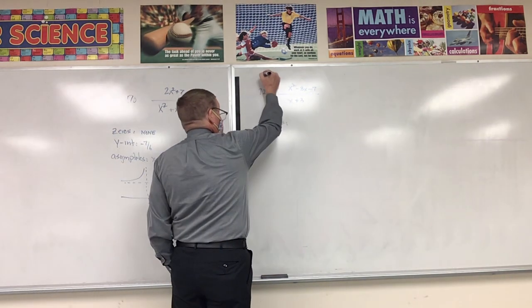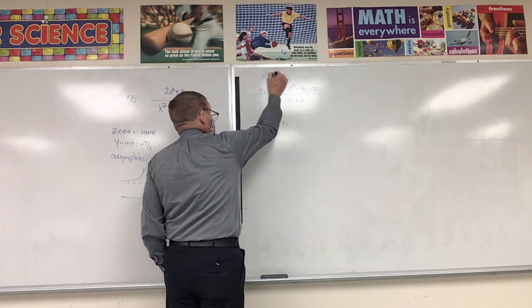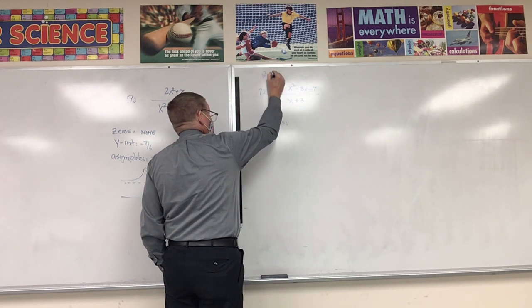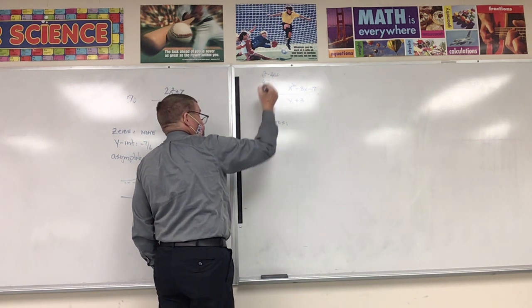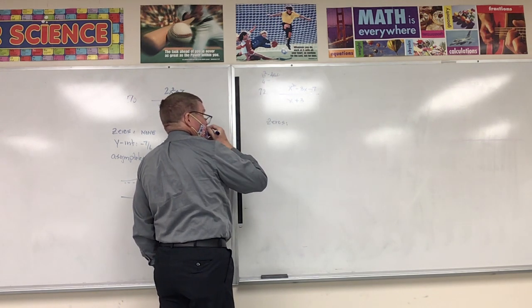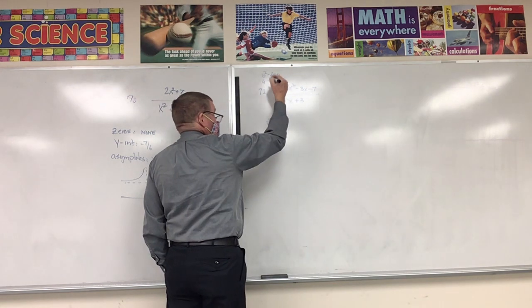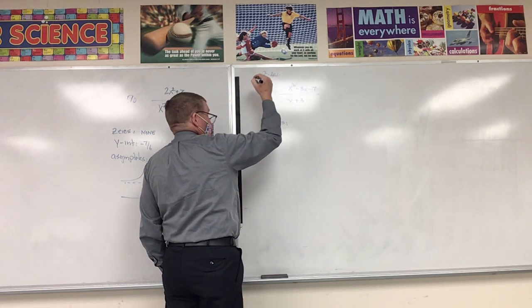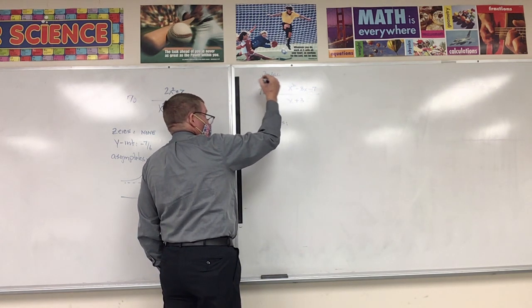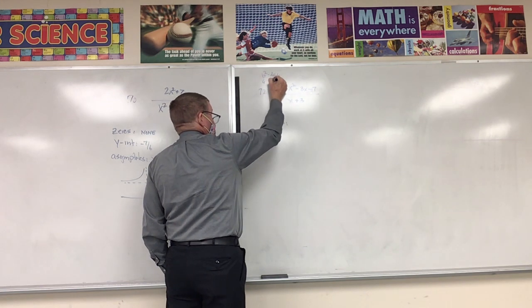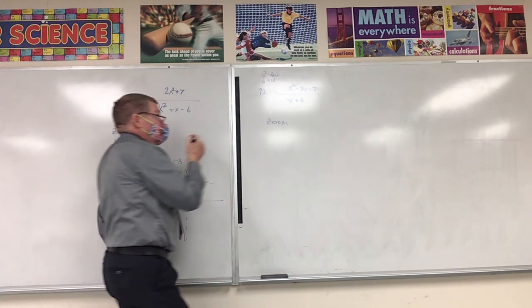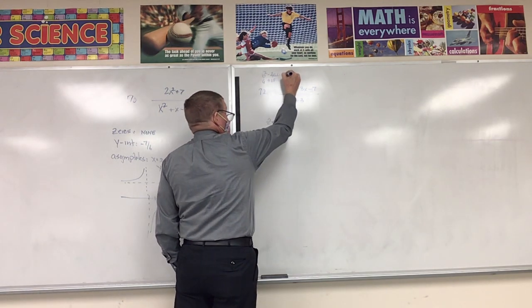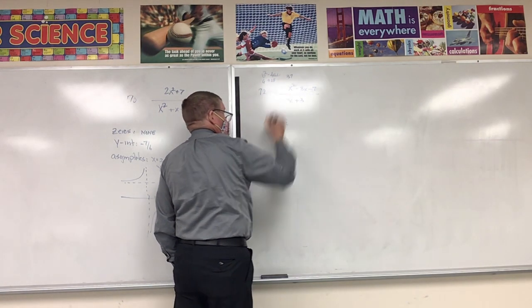All right, again, if I use my b squared minus 4ac, I would see that is going to be 9 minus 4 times 1, which would be 4 times negative 7, would be plus 28. I forgot about the quadratic. All right, so that would be 37. So we do have zeros.